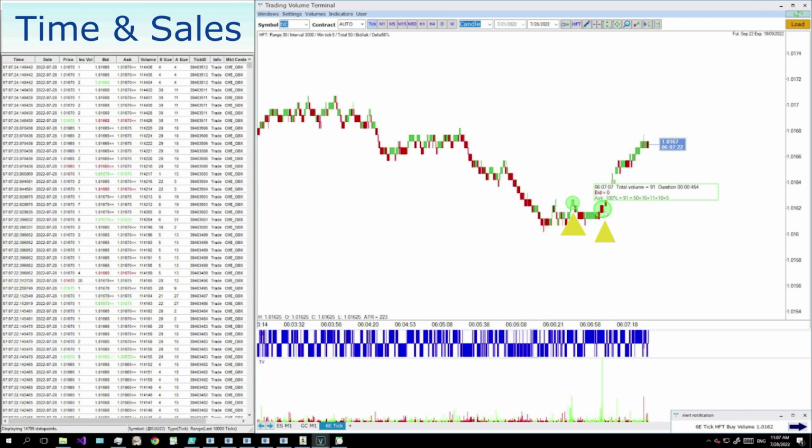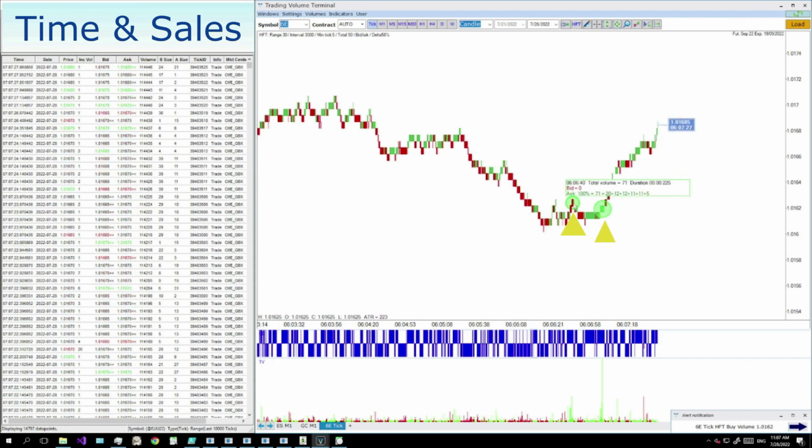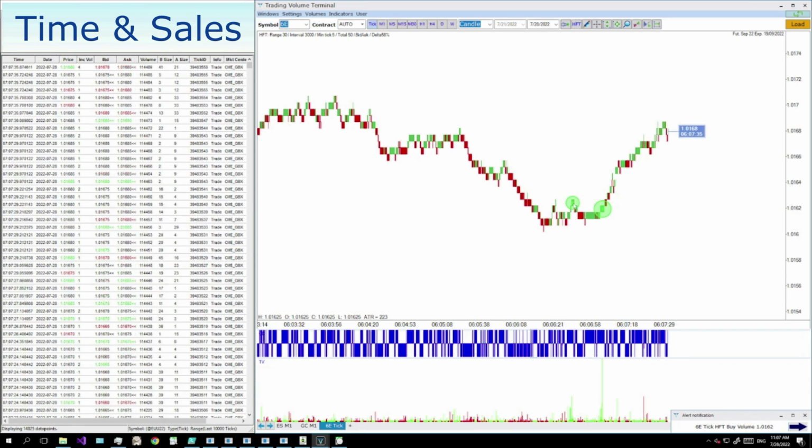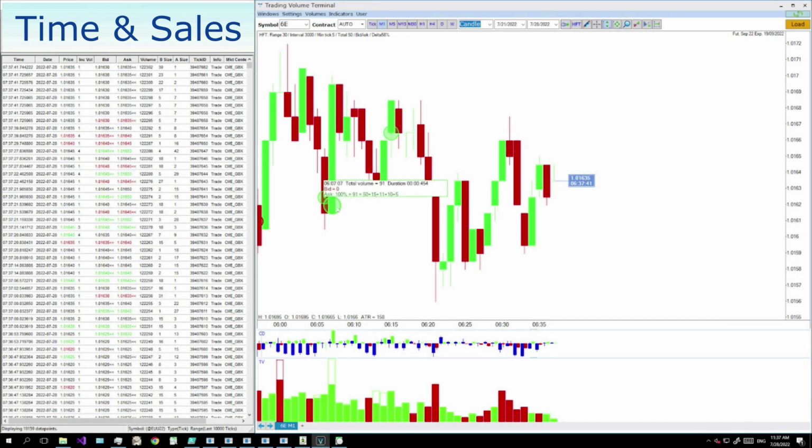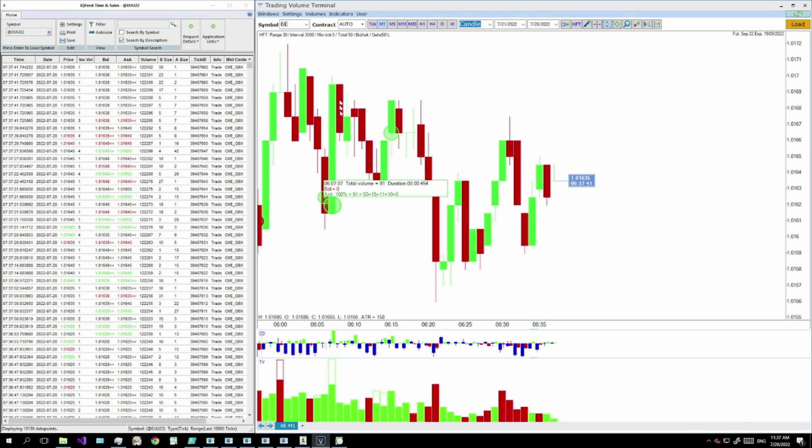Here we see how some algorithms bought an asset at a discount, bought out limit sellers, and the price started to rise immediately. And this tick chart is the most important because it really creates the candlestick chart on which you can see these reversal formations and make better decisions.